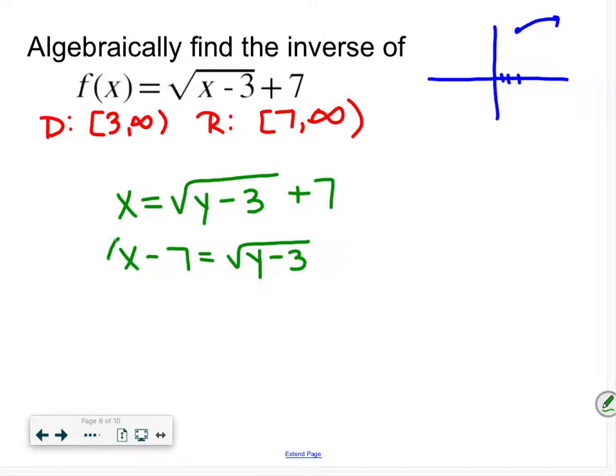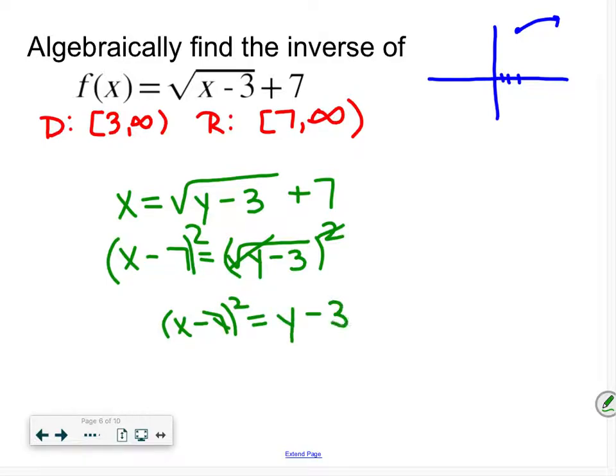Square. Now here, the square root and square cancel. Let's just leave (x minus 7) squared as (x minus 7) squared. Please don't worry about multiplying that all out.